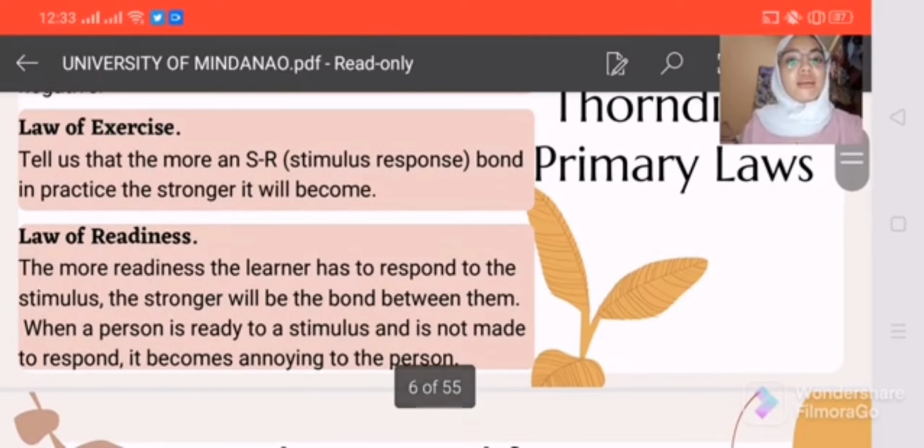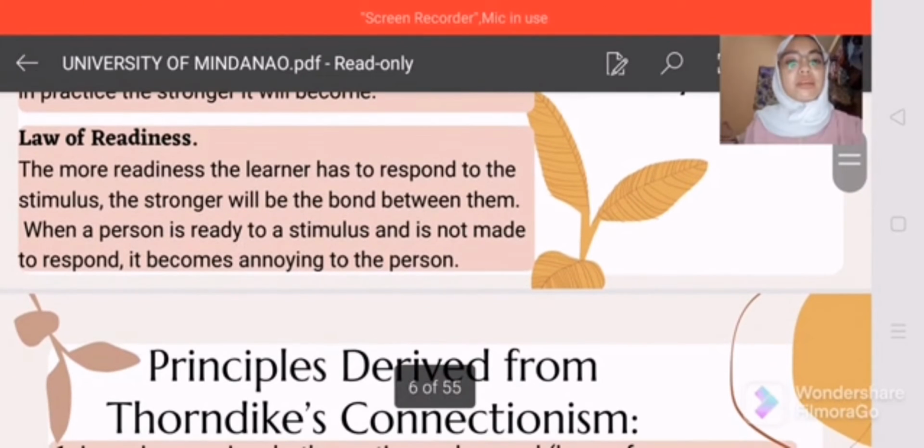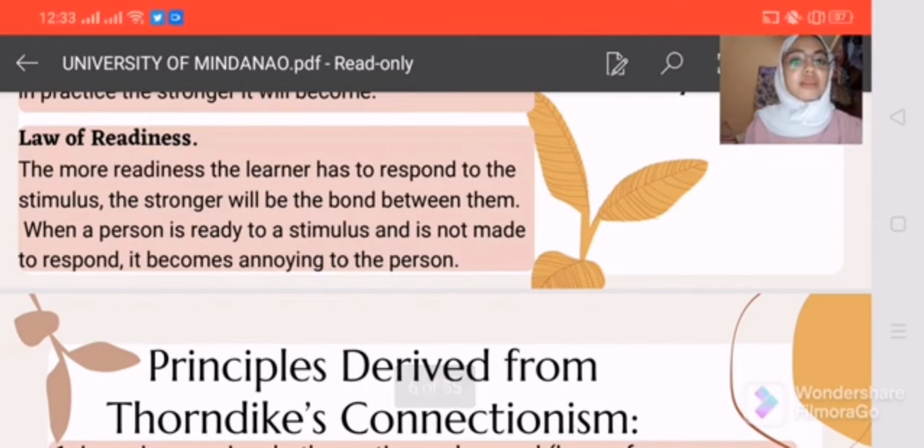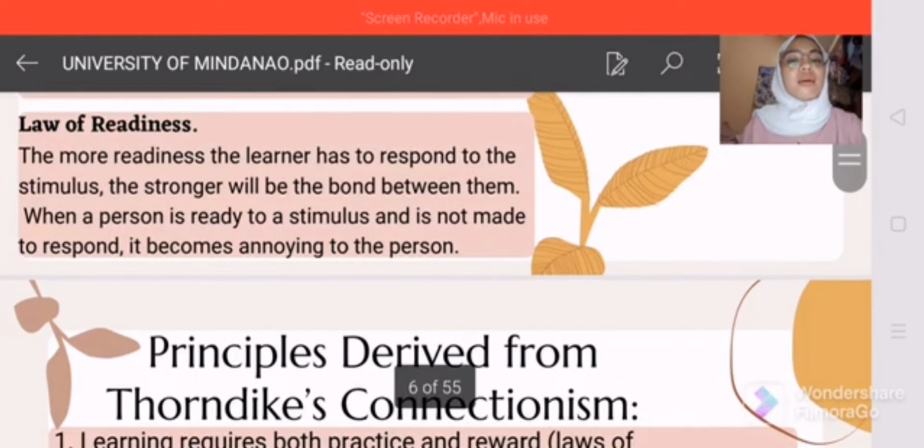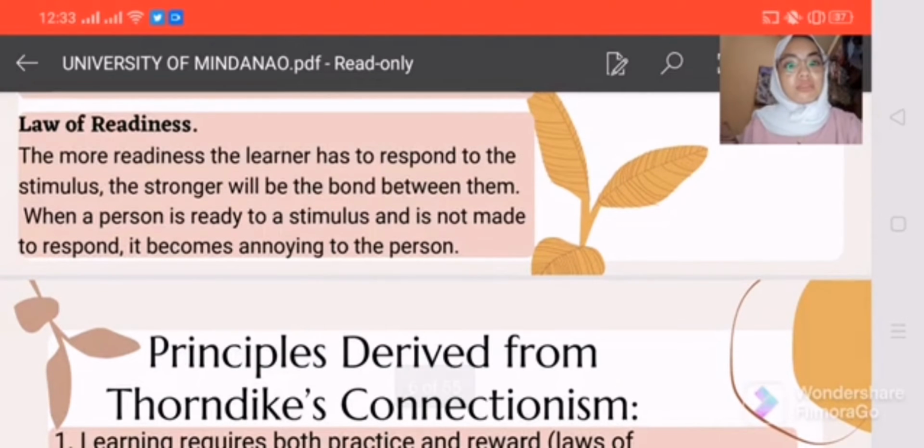Next is law of readiness. The more readiness the learner has to respond to the stimulus, the stronger will be the bond between them. When a person is ready for a stimulus and is not made to respond, it becomes annoying to the person. Sa law of readiness, for example, bigla ka nalang papasok sa classroom, and then magsabi ka na, okay class, get one half sheet of paper, we are going to have a quiz.